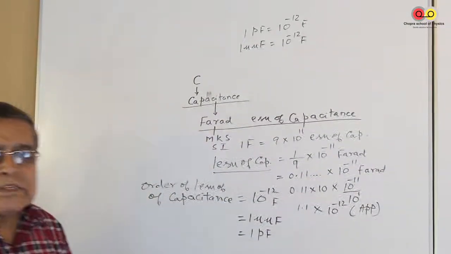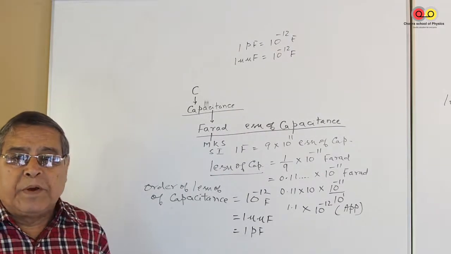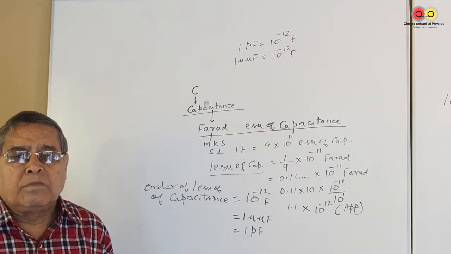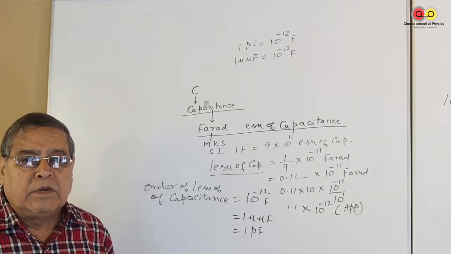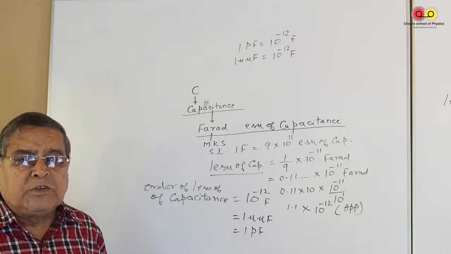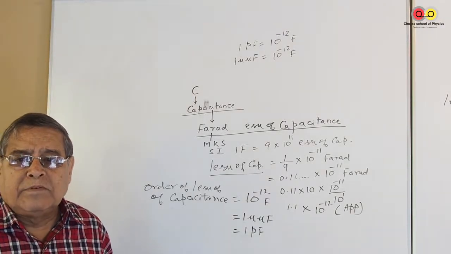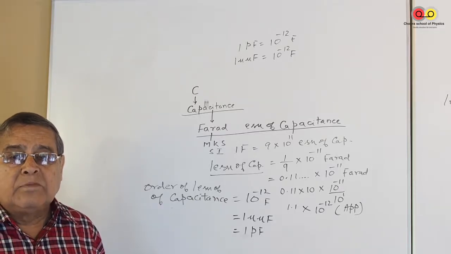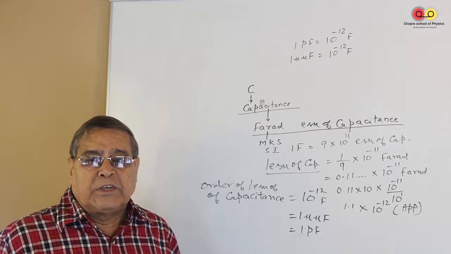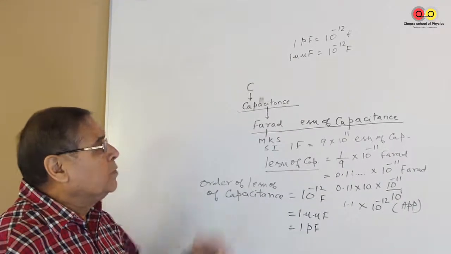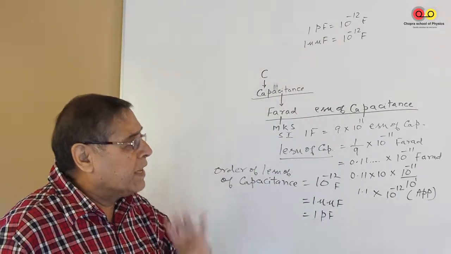So in any question when the capacitance is given in terms of picofarad or microfarad, it must be converted to farad because the expressible unit is only farad. So we should not solve our numerical problem in terms of picofarad or microfarad. It should be transformed into farad, and these are the conversion factors.